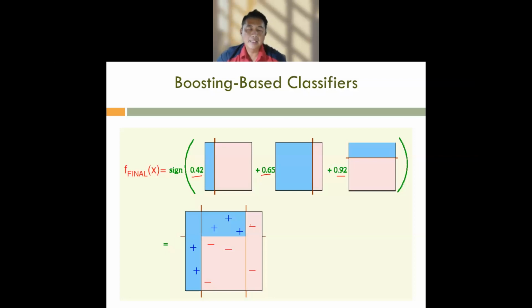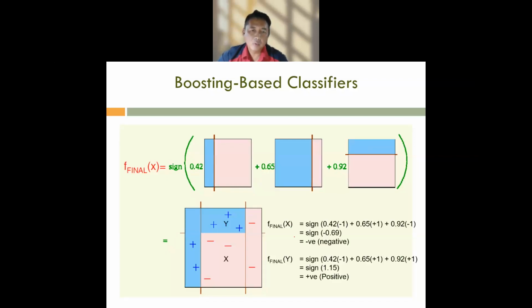So how do we apply this in predicting a new item? For example, we are looking at X here. So we look at the symbol here: X1, X, and X. This is my negative value, this is positive, this is negative. So we just plug in the values here: -1, +1, and -1.